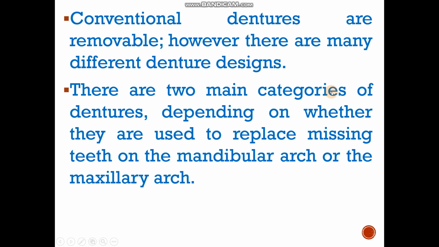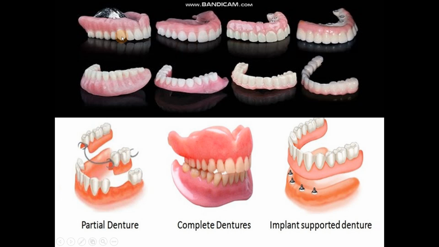There are two main categories depending on whether they are used to replace the missing teeth on the mandibular arch or the maxillary arch, upper part as well as lower part. Here you can see the upper part as well as lower part. There are partial dentures, complete dentures, as well as implant supported dentures.